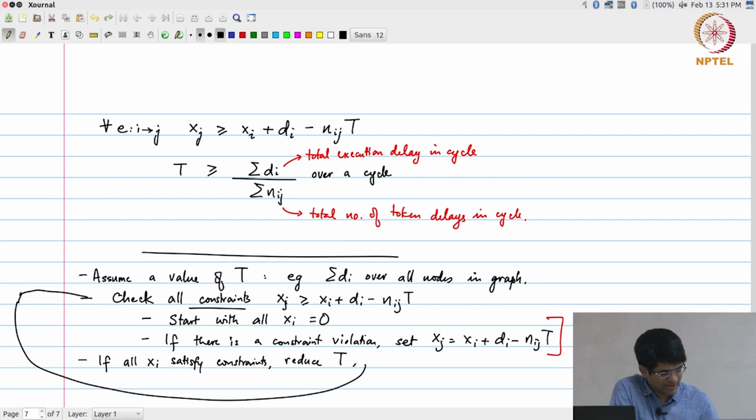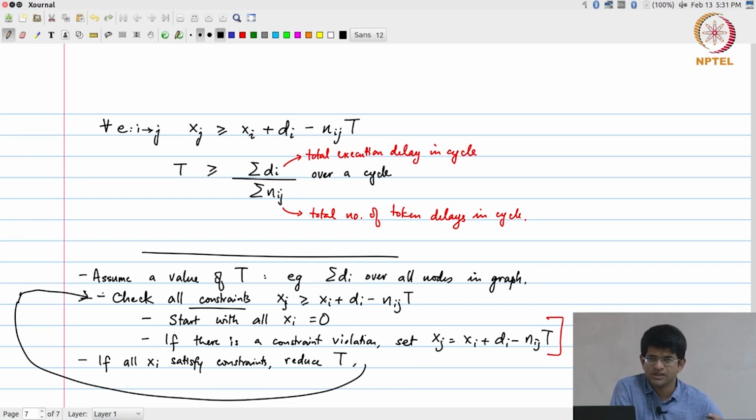That is to say, go back to checking the constraints and running this. Okay. So, by iteratively reducing this value of t, I can eventually arrive at the smallest value of t for which it is possible to find suitable values of xi, right.